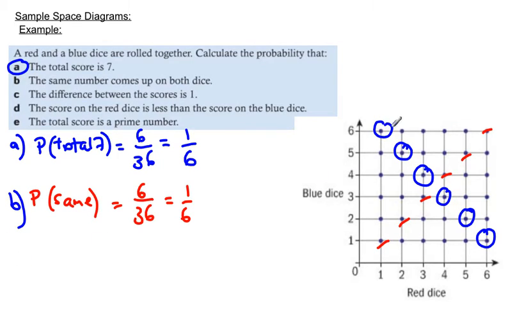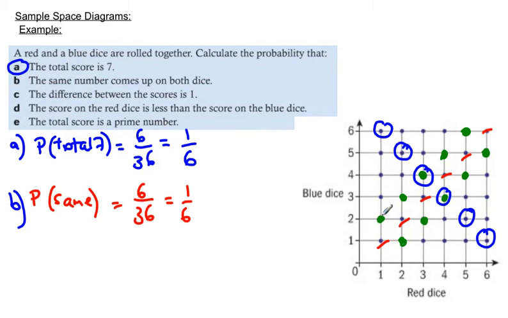For the next one, we're looking at the difference between the scores is 1. So that could be a 6 and a 5. A 5 and a 6. A 5 and a 4. A 4 and a 5. Etc. You can see that there's going to be a pattern. So all of these pairs that I'm drawing, the dice have a difference of 1.